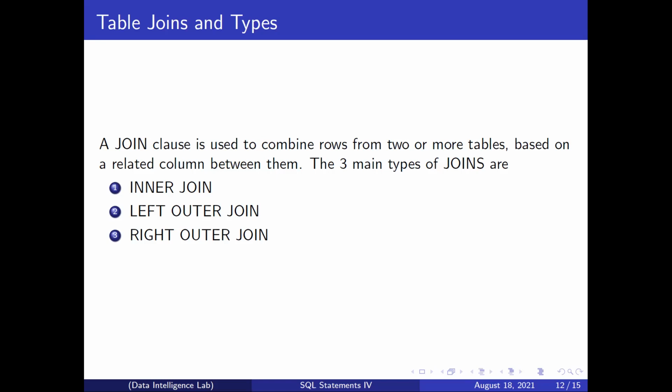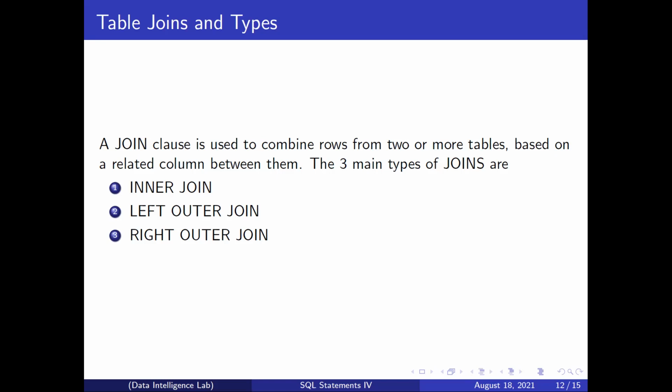So you use joins when you are trying to retrieve data from more than one table, when you're trying to do a table merge. And remember, I told you that as an analytics expert, you would collect data from various tables, various sources.